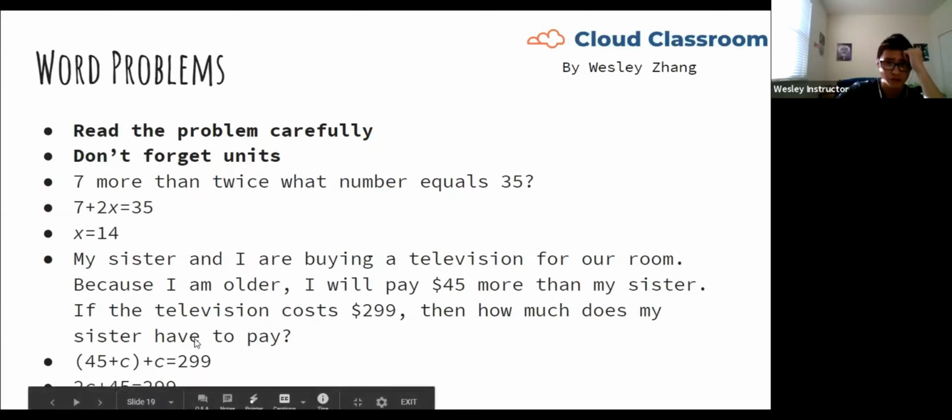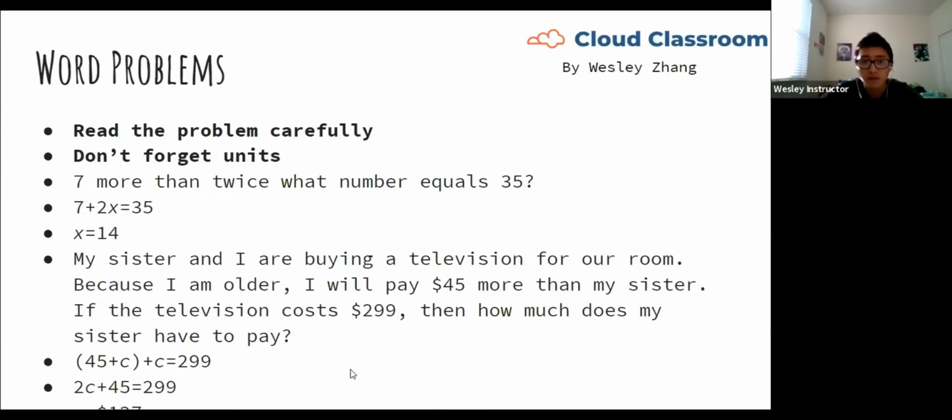And in total, together we need to pay $299. So you can combine this equation into 2C plus 45 equals $299. I'm not sure if you can see that on the bottom. I should have put it up a little bit. Hold up.